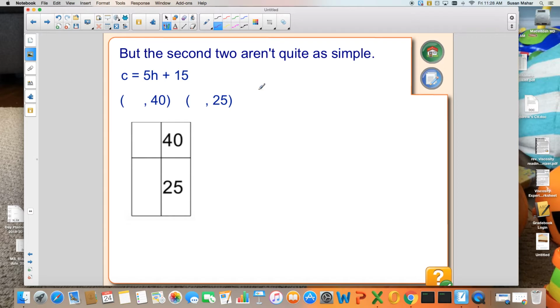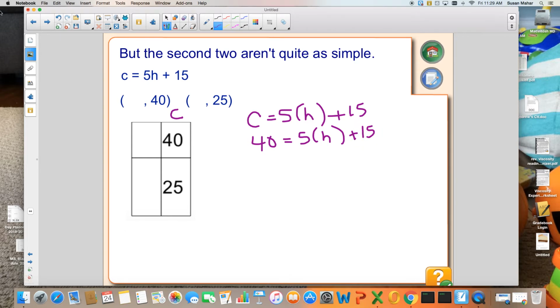All right, we're still going to use our formula. C is equal to 5 times H plus 15. But this time, it's C that we know. So 40 is going to equal 5 times the number of hours plus 15. All right, now we have to figure out how many hours.